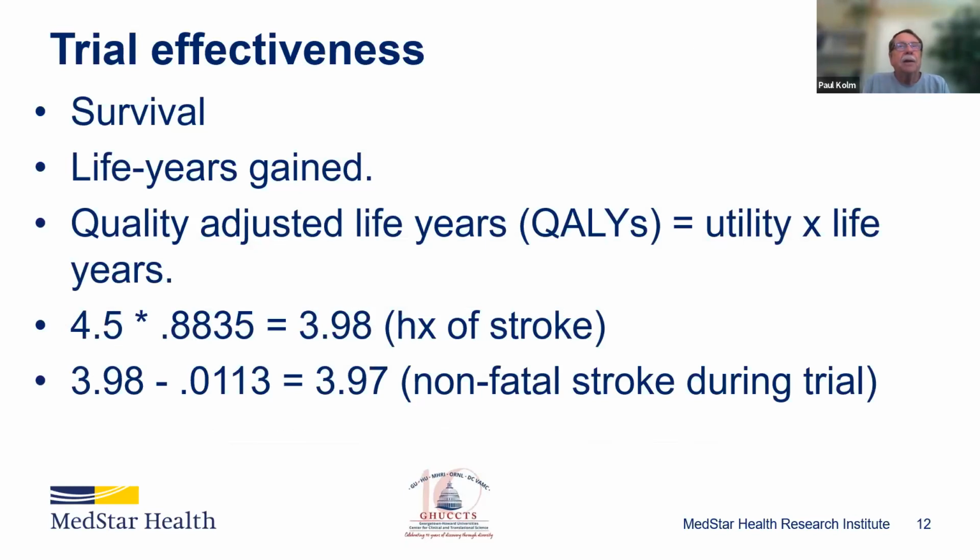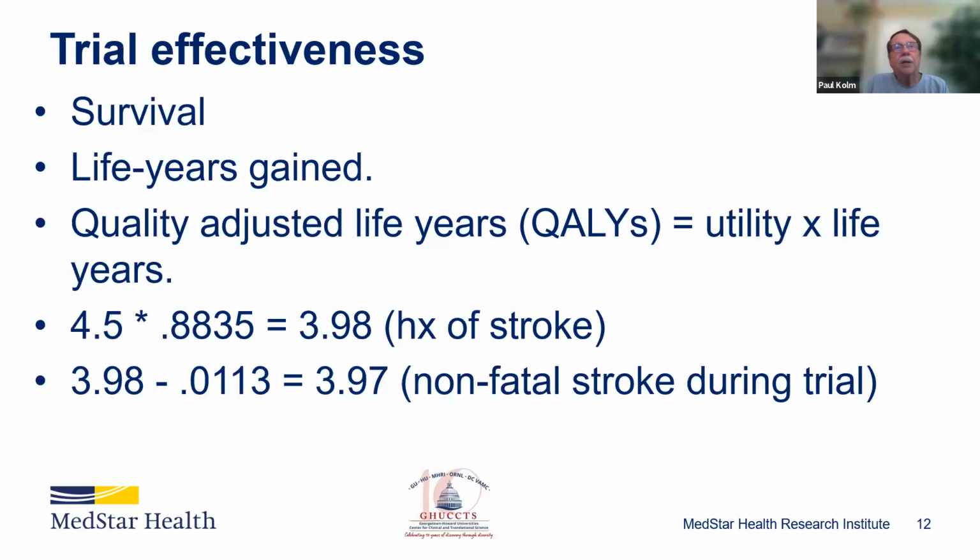So we measure trial effectiveness, or the study effectiveness, primarily by looking at survival and calculating the life years gained. In other words, the difference in survival in life years between the treatment and the placebo or the standard of care.